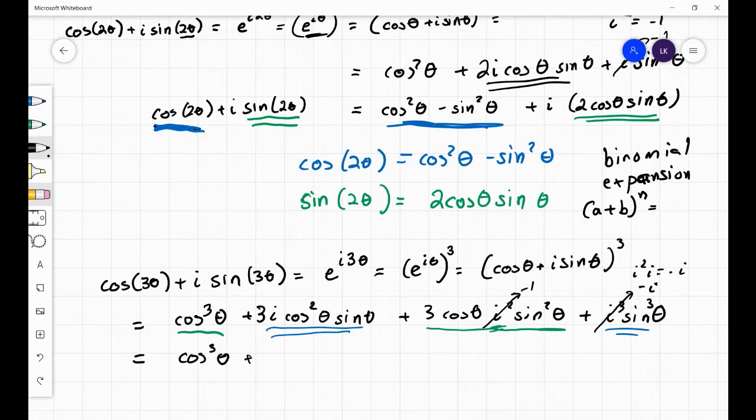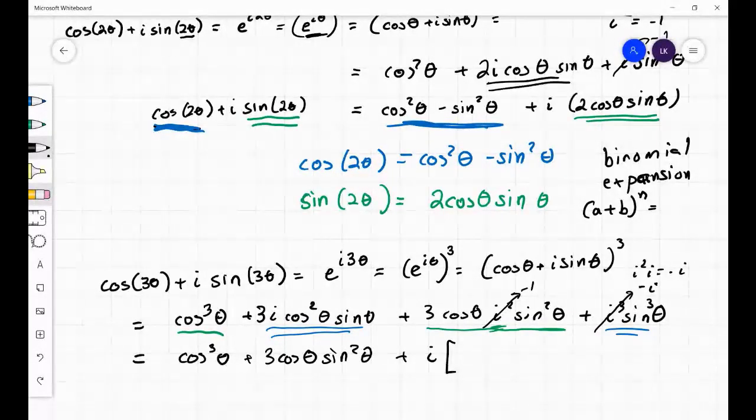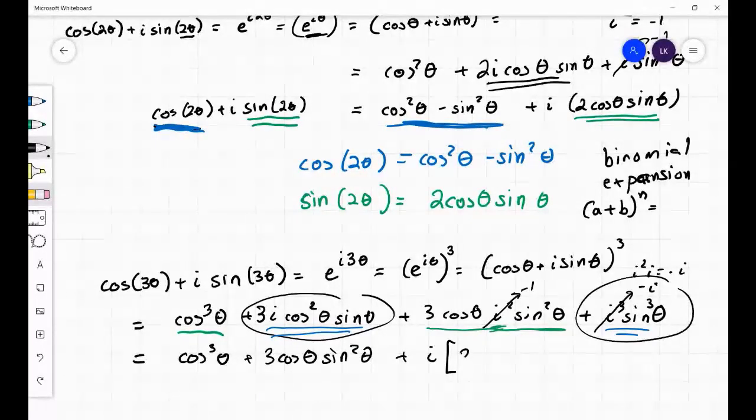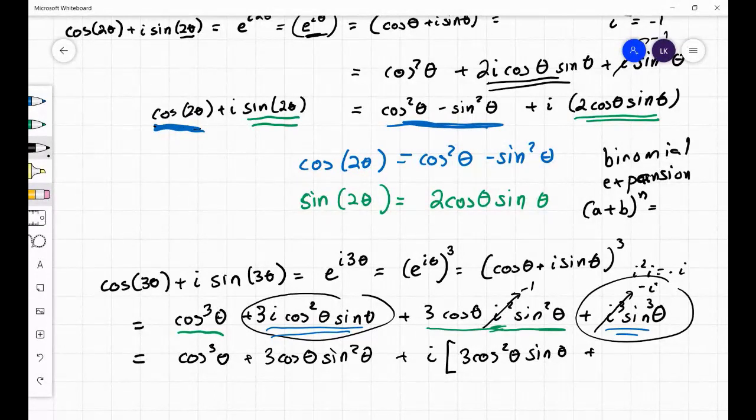So I gather the real parts. Then plus i, and I'm going to gather the two imaginary parts. Remember, that's minus i, factor out the i, so I'm left with a minus.